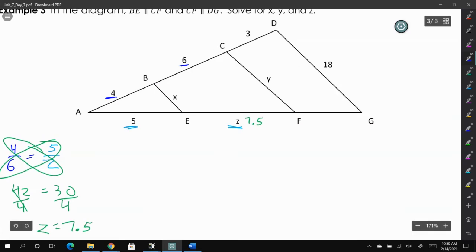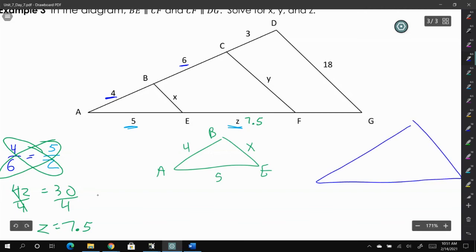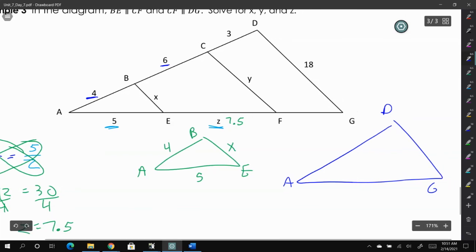Okay, so now we've got to figure out what BE and CF are. So I'm going to draw a triangle ABE down here, very cleanly. We know AB is 4. We know AE is 5, and we don't know what BE is. That's X. Then I'm going to draw the whole triangle ADG, and DG is 18.